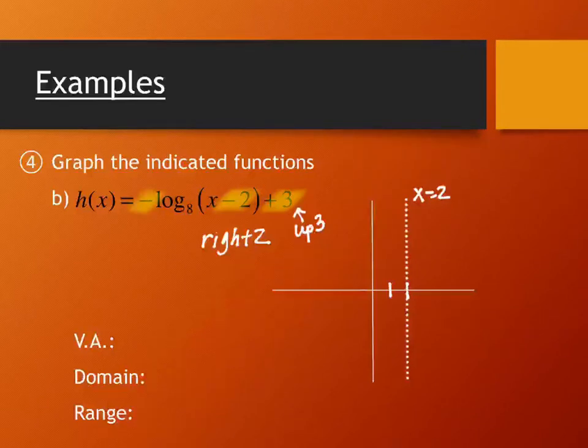Yeah, the negative at the beginning. What is that negative in the beginning going to do? Is it going to flip it over the y-axis, or over the x-axis? It's going to flip it over the x-axis.